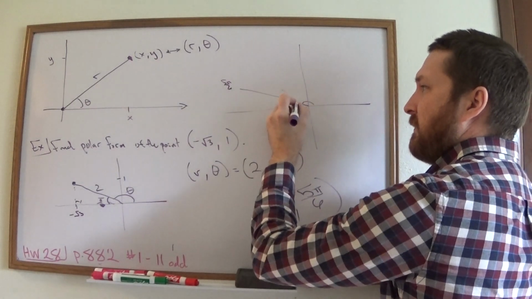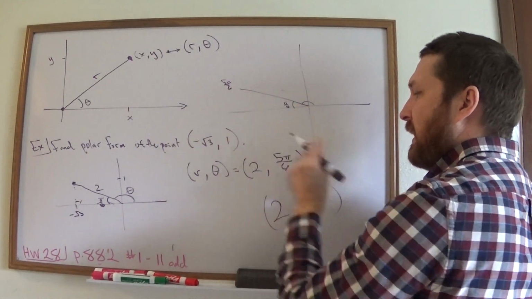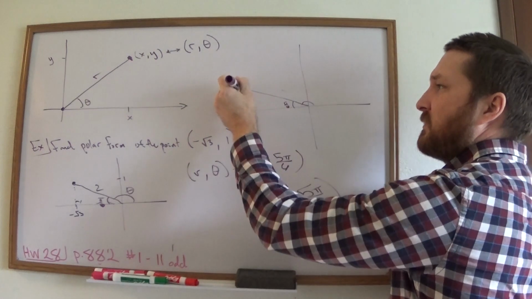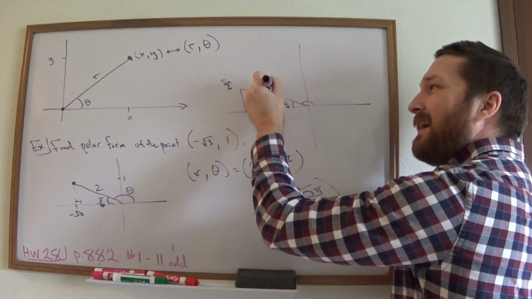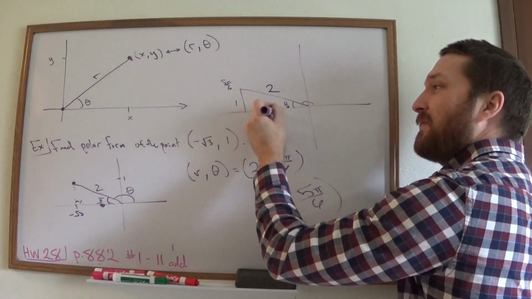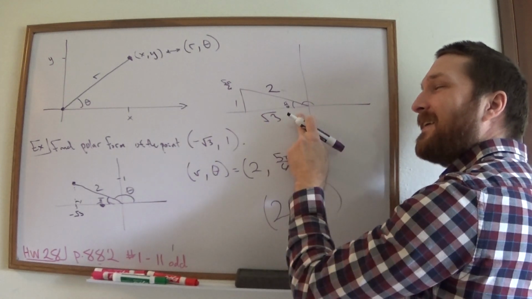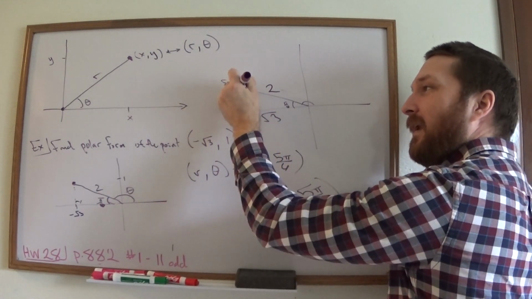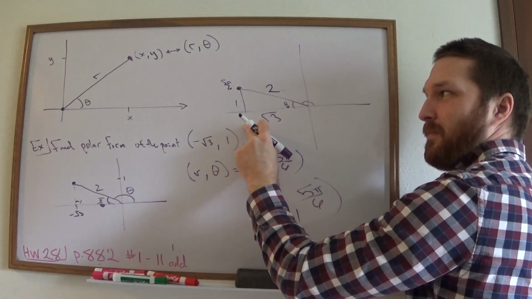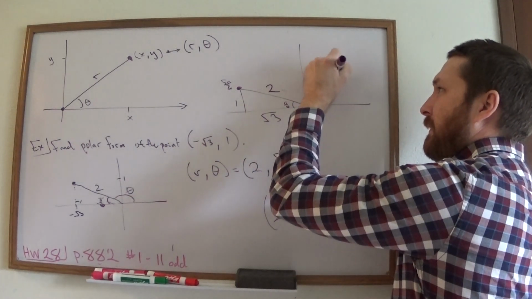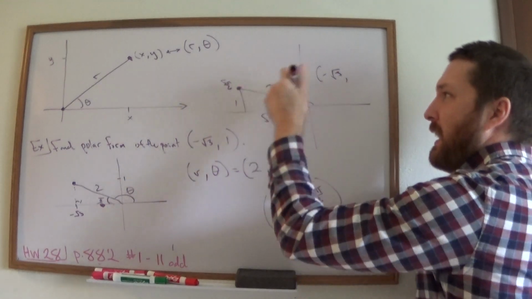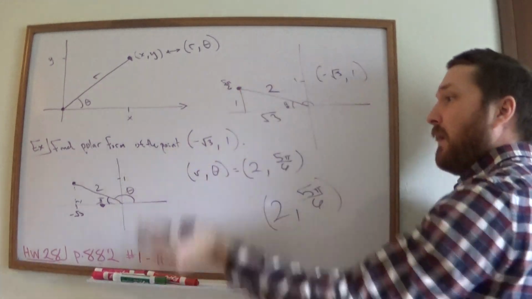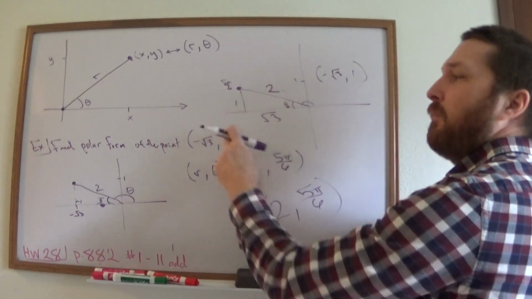Meaning that's pi over 6. And if that's pi over 6, I know a triangle, right? If I know that that's 2, that's one of those triangles that I know. And so my x coordinate would be negative root 3, and my y coordinate would be positive 1. Lo and behold, they're the same point.